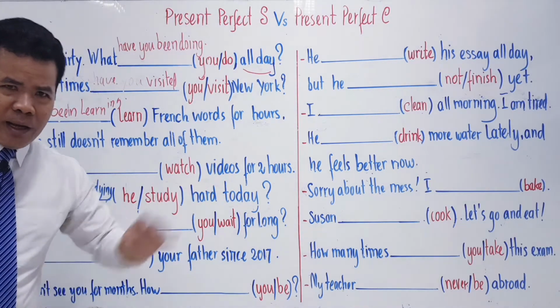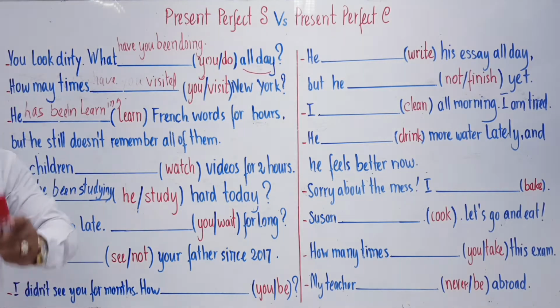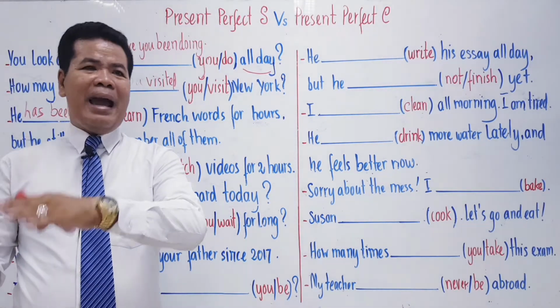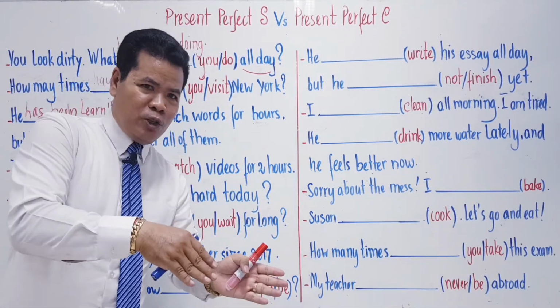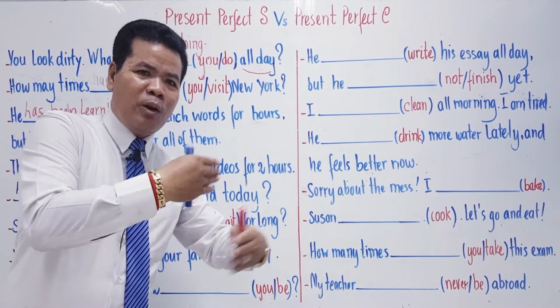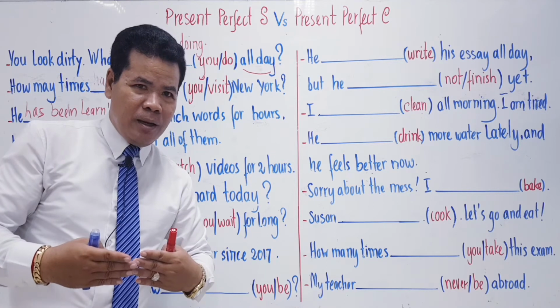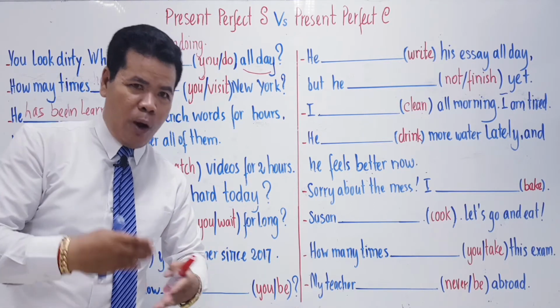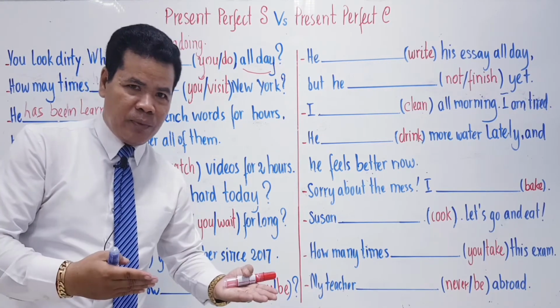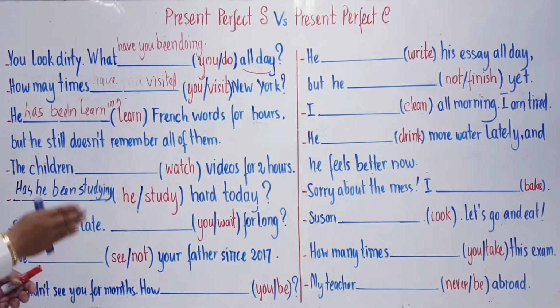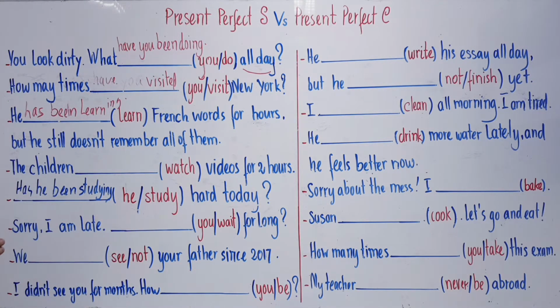You are still waiting, is that right? So you started to wait in the past and continuing now to the present, you are still waiting. So what kind of question do you ask? Present perfect question or present perfect progressive question?